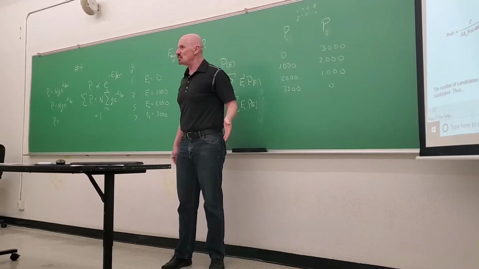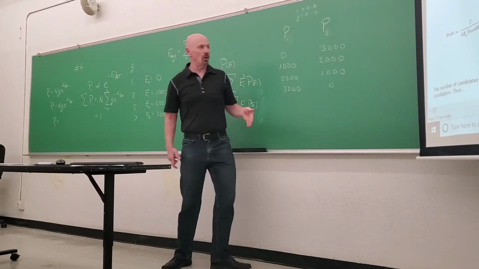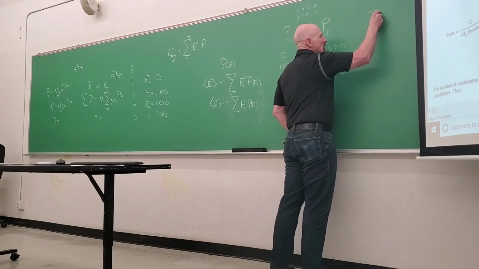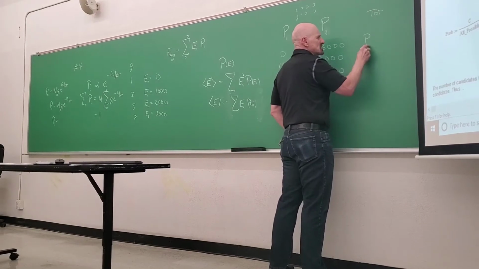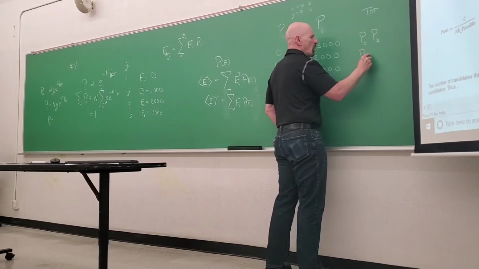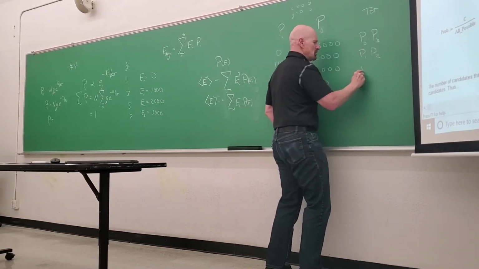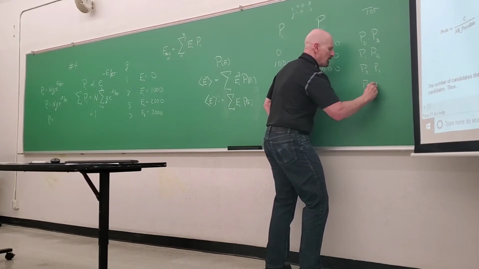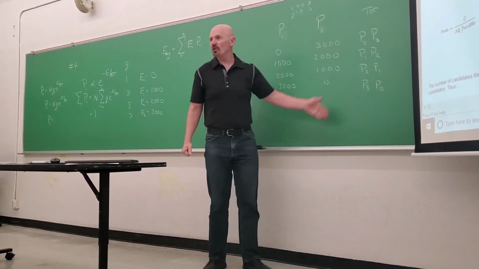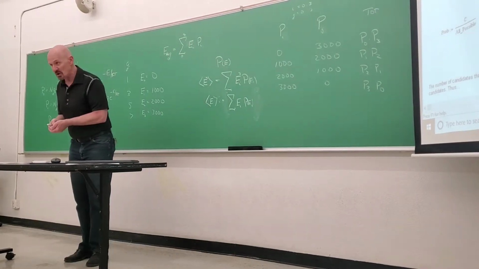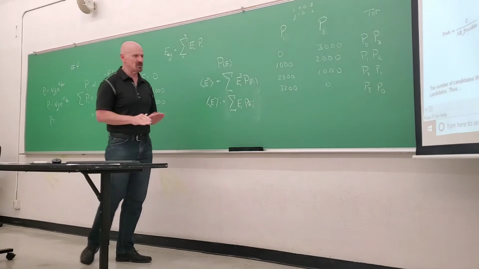So your total will be P0 times P3, P1 times P2, P2 times P1, and P3 times P0. Those are all your probabilities combined, because we're using the word AND. You multiply probabilities.